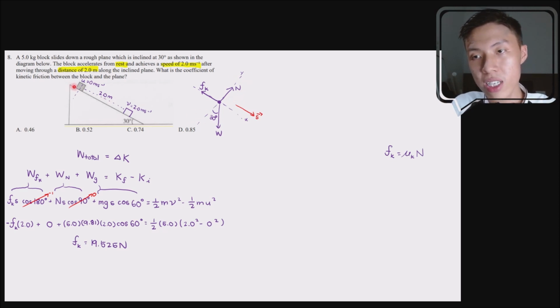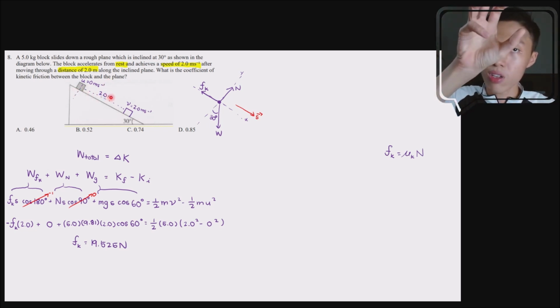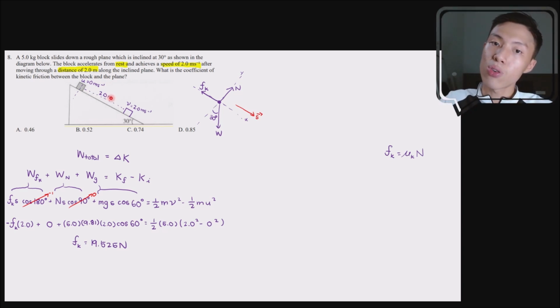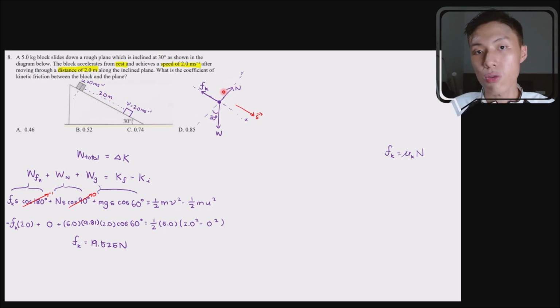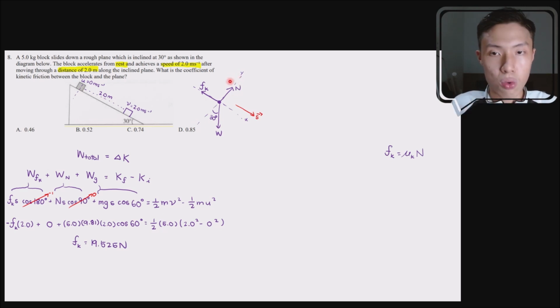You know that the object is sliding down the inclined plane. It is not moving up or down with respect to the inclined plane. It is not moving higher, it's not leaving the inclined plane or going into the inclined plane. So in the y dimension, it is at rest. Because it is at rest, you can analyze the y dimension using Newton's first law.